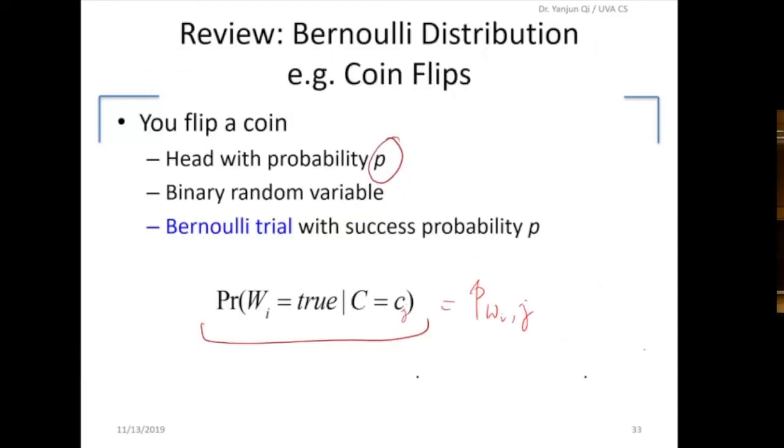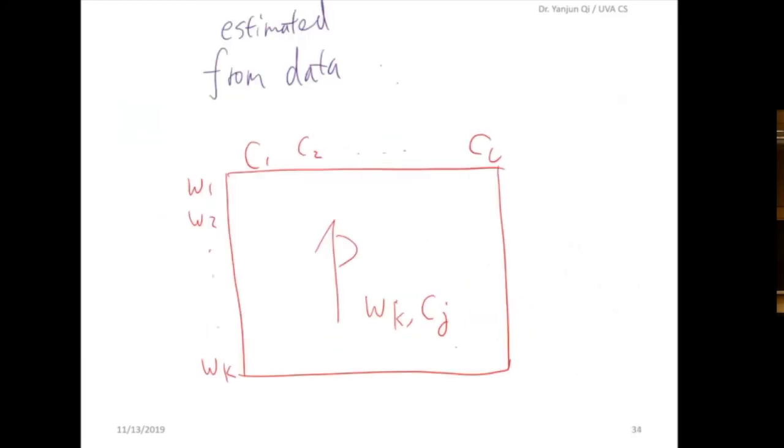We actually talked about this already, and this is the matrix you're going to estimate. It's a matrix where I use K here, which is just the vocabulary size. This is the model you estimate from data.